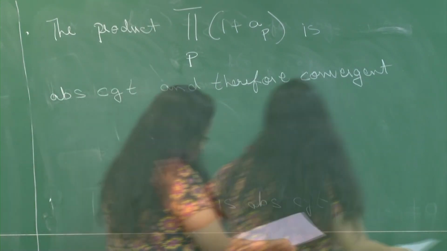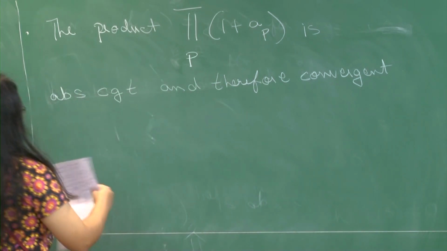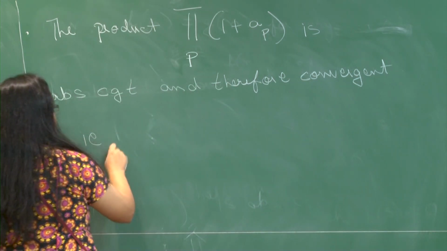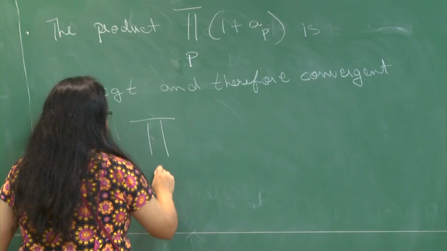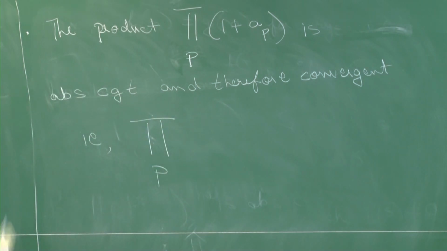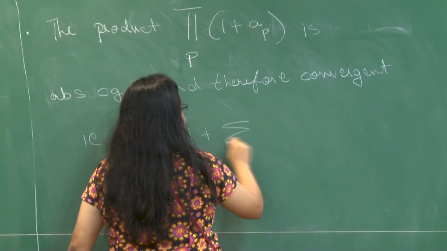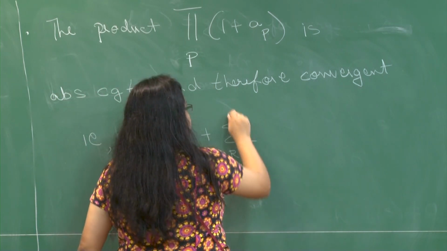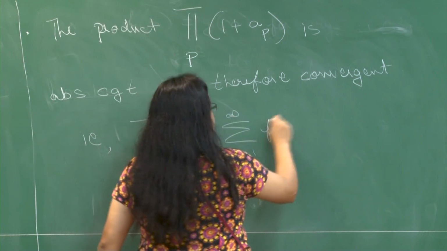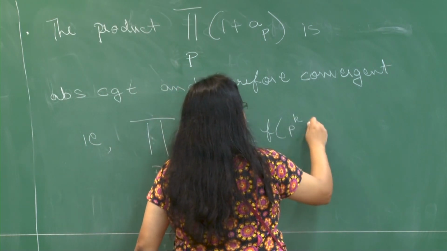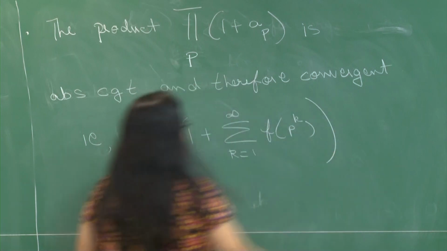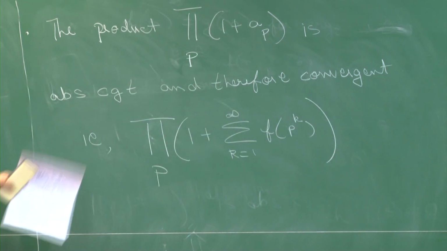So, we have that the product over p of 1 plus the summation k going from 1 to infinity of f of p raised to the k is convergent.